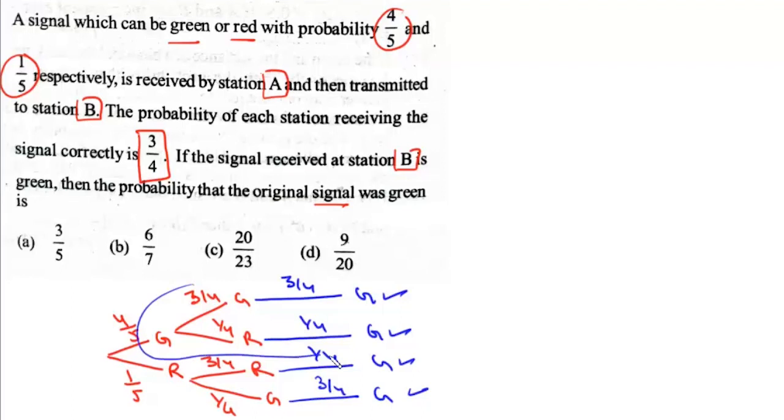So we have to take this case in the numerator and all of the cases in the denominator, and that's how we'll get this probability.